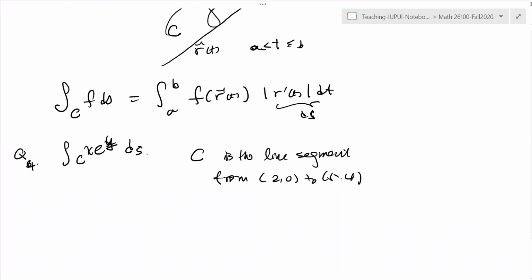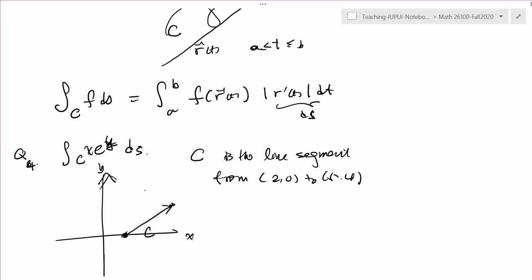So this is in a two-dimensional plane. You have 2, 0 here, right? And 5, 4 is here. That's just a straight line. That's C. And the function is x times e to the y.